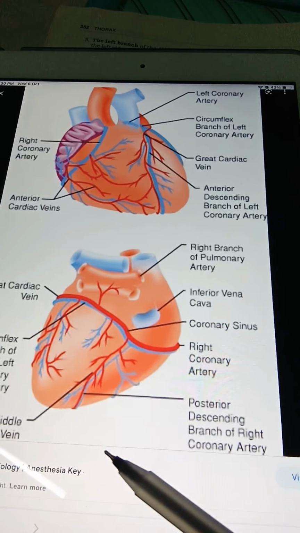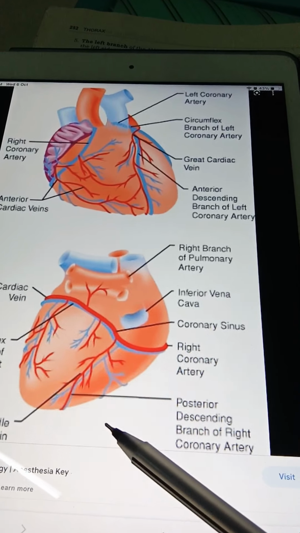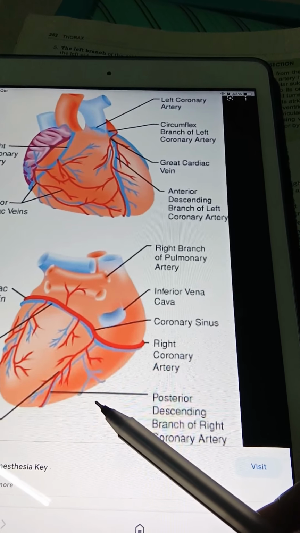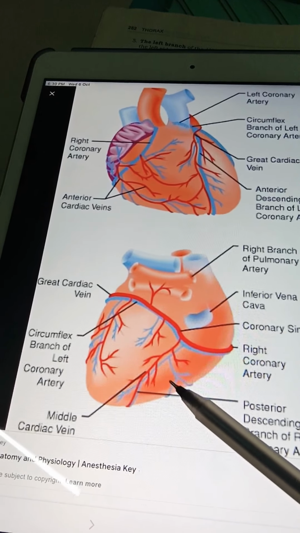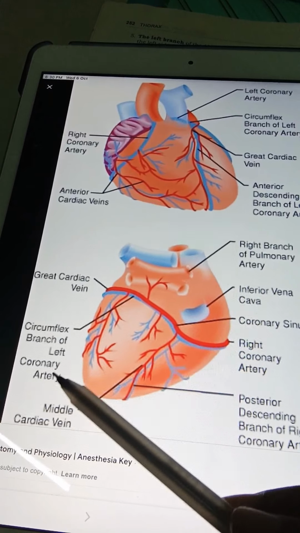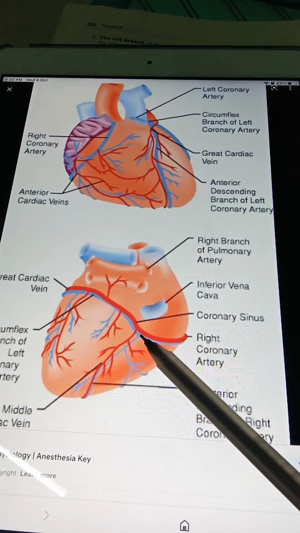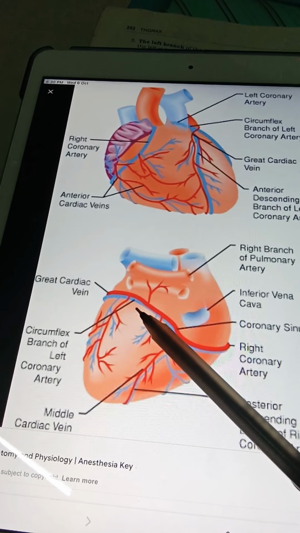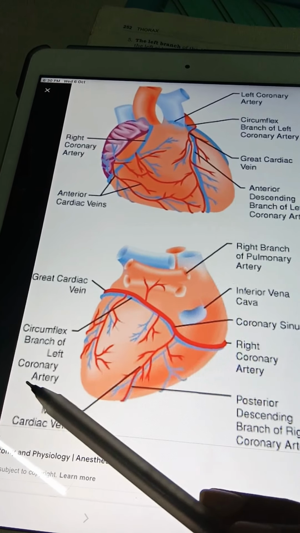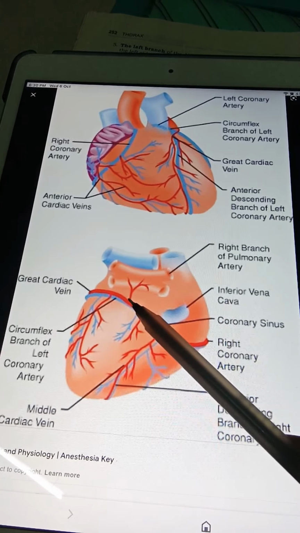Finally it terminates by anastomosing with the circumflex branch of the left coronary artery. You can see here, this is the circumflex branch of the left coronary artery. So the right coronary artery comes to the posterior side, and its ending point is the anastomosis with the circumflex branch of the left coronary artery.